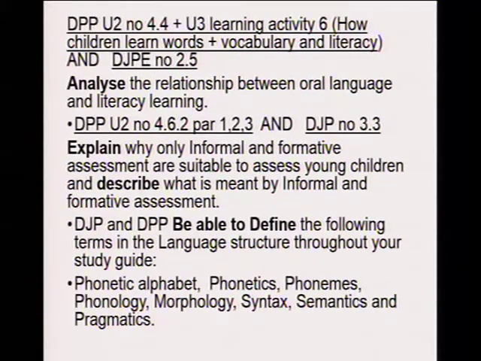DPP Unit 2, number 4.4 and Unit 3, Learning Activity 6, How Children Learn Words and Vocabulary and Literacy. And in the DJP, this will be in number 2.5. Analyze the relationship between oral language and literacy learning.